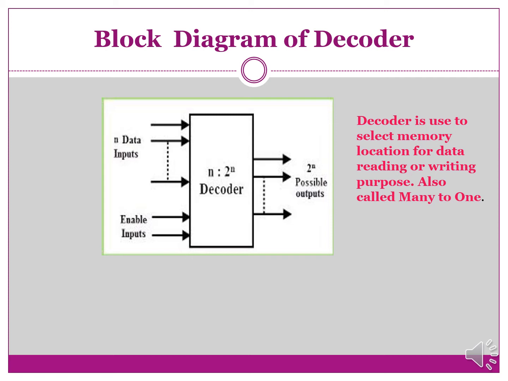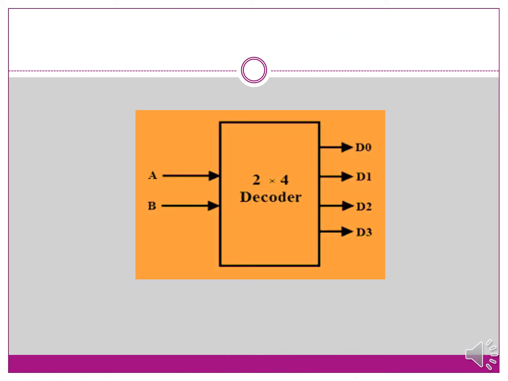Here n input lines are given and 2 raised to n possible outputs will be there. For the 2 to 4-bit decoder, two variables A and B are inputs. D0, D1, D2 and D3 are 4 different outputs.